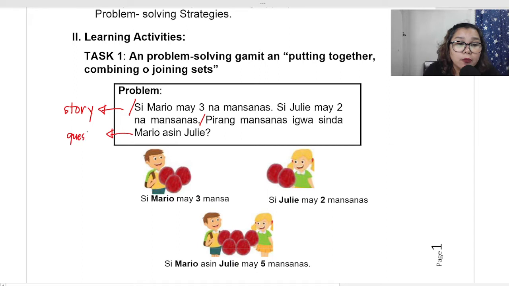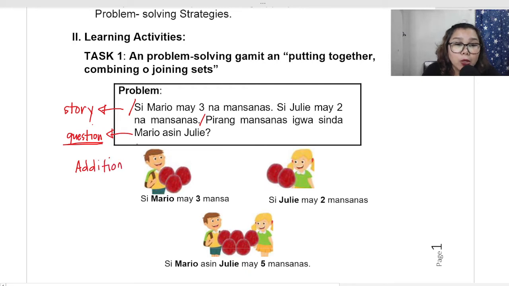What we need to do is to understand first what the problem is, and then give the answer. So we first need to understand the problem, and that's the time we can answer the question. How are we going to answer this question? By using addition to solve the word problem.